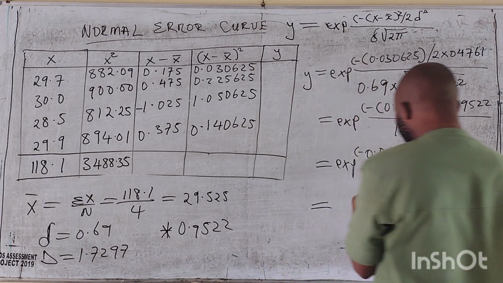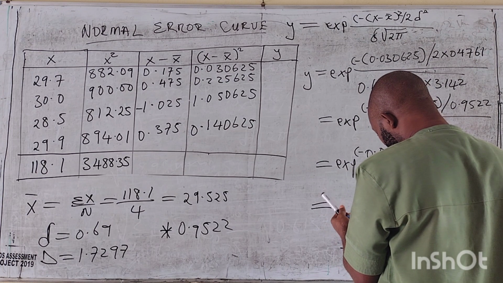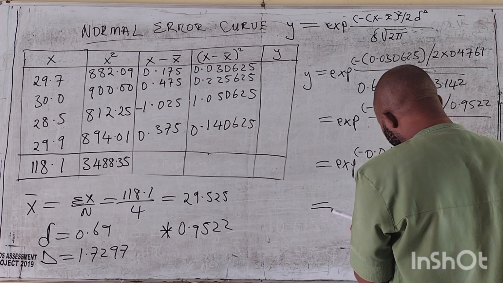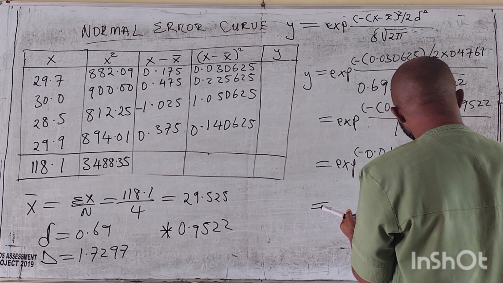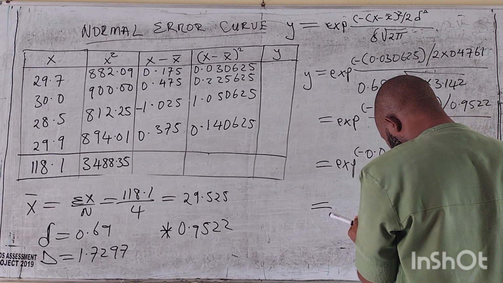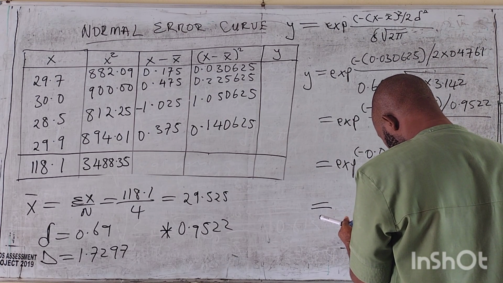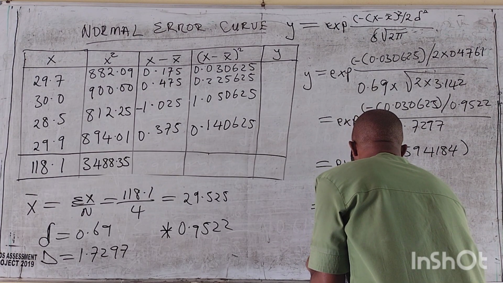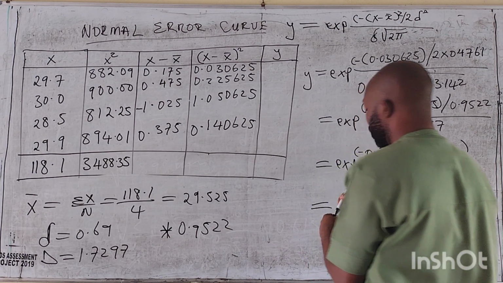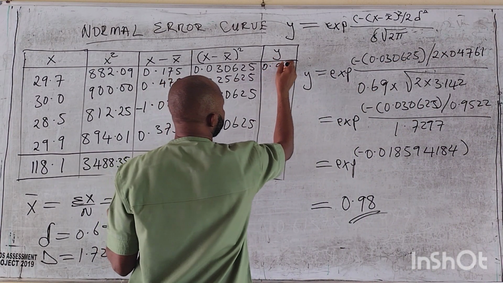So taking my exponential function, exponential minus 0.018594184 is equal to 0.98. So our first y is 0.98.